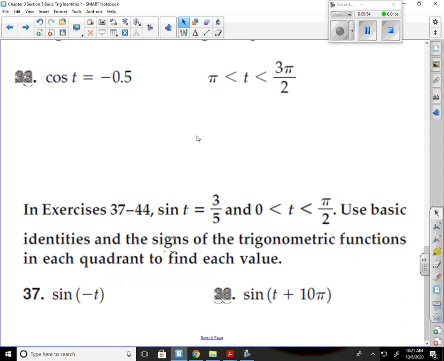Number 37. Here we have sine of t equals 3/5 and t is between 0 and pi over 2. Use basic identities and the signs of the trig functions in each quadrant to find each value. So it starts with the sine of negative t. When we look at the sine of negative t, we know something about that. Go back to our identities again.